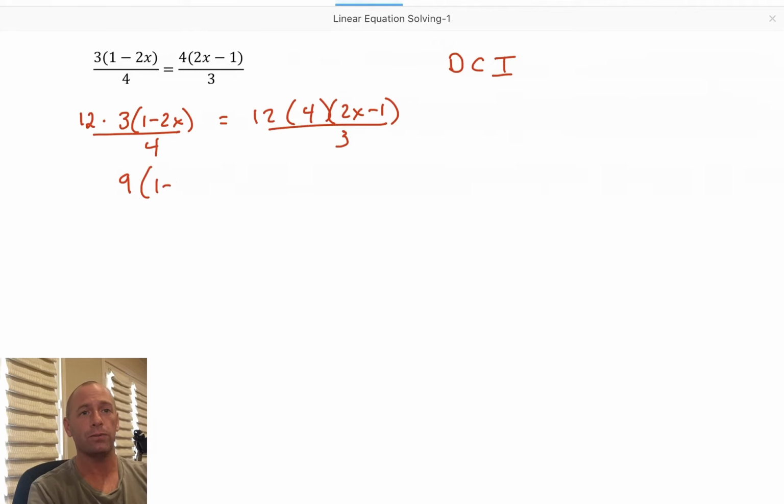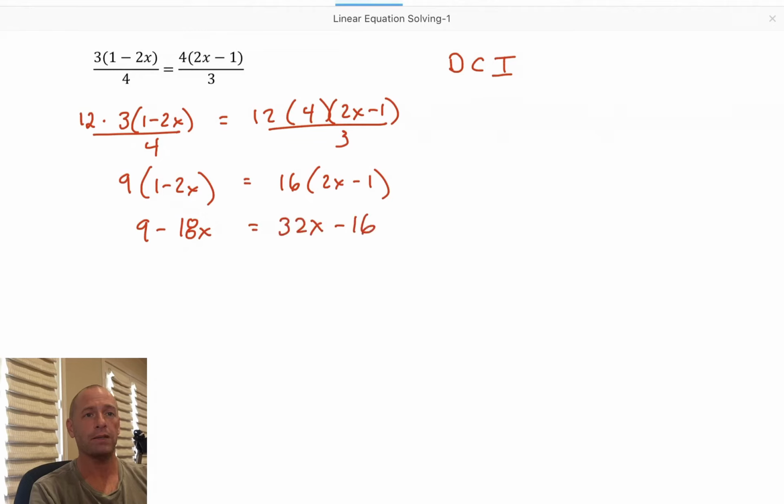That's 9 groups of 1 minus 2x. On the right-hand side, I've got 12 times 4 divided by 3. That's 16 groups of 2x minus 1. And now it's pretty straightforward. We can just distribute both the left and the right-hand side to get 9 minus 18x equals 32x minus 16.